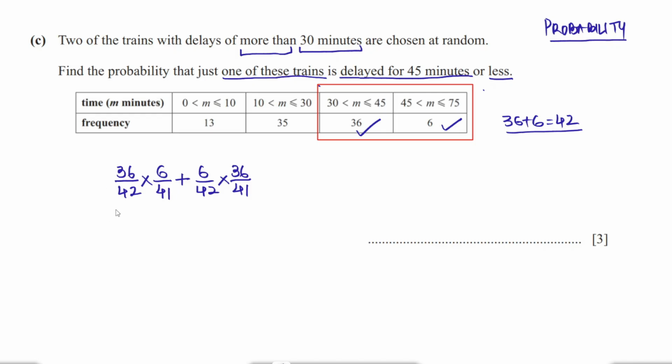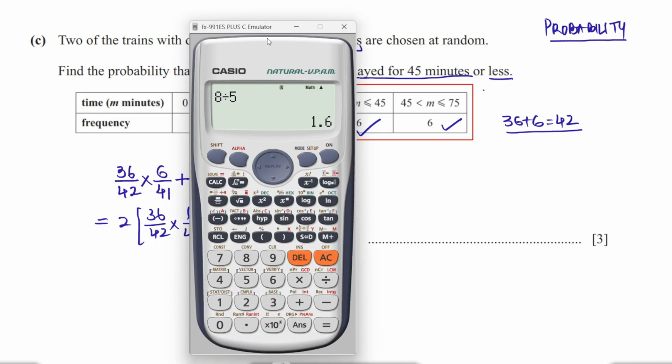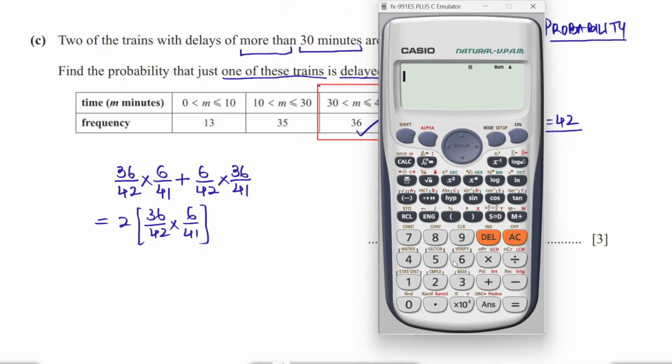In that kind of case, you will see the numerators are 36 times 6, 36 times 6, and the denominators are 42 times 1, 42 times 1. Hence, we can write it as 2 times 36 over 42 into 6 over 41, or you can plug in this statement in your calculator. Okay, let us see how we do it with the calculator.